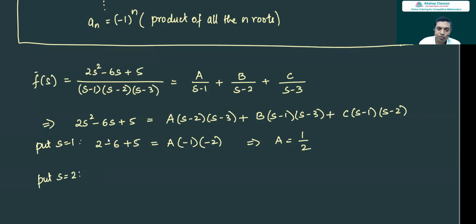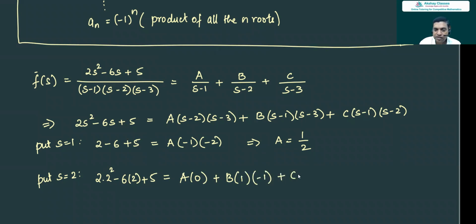If we do s equal to 2, see what happens. 2 into 2 square minus 6 into 2 plus 5 gives a times 0 plus b times 2 minus 1 is 1, 2 minus 3 is minus 1, plus c times 0.